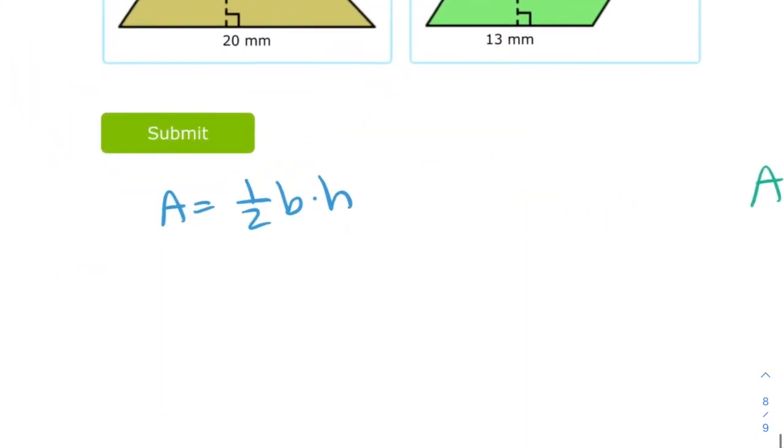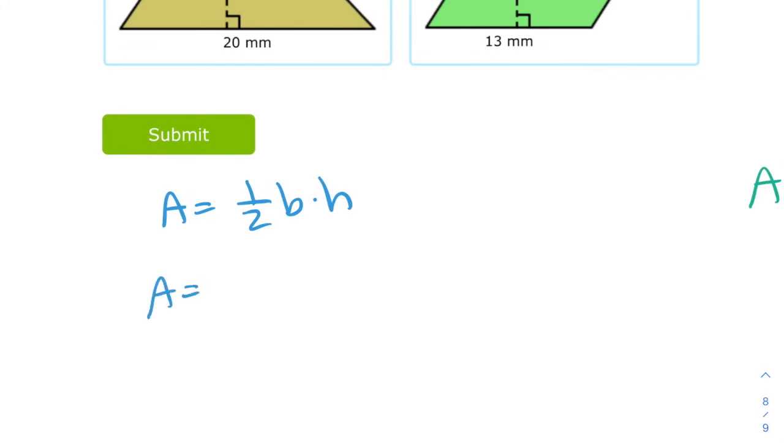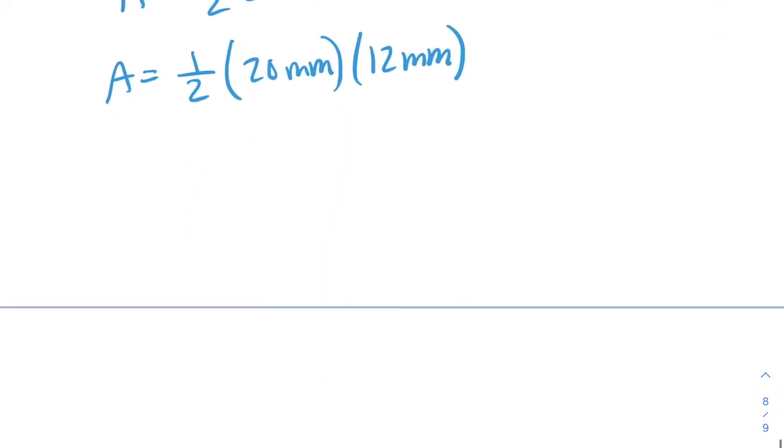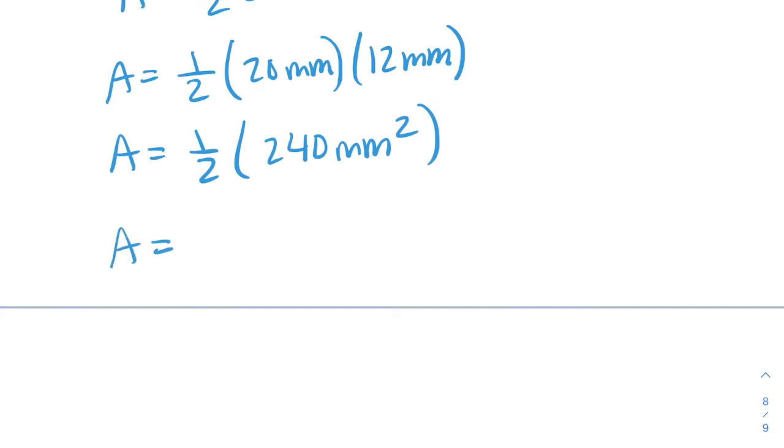So the area for my triangle is 1/2 base, which is 20 millimeters, height, which is 12 millimeters. So area equals 1/2 of 240, because 20 times 12 is 240, millimeters squared. So area equals 120 millimeters squared.